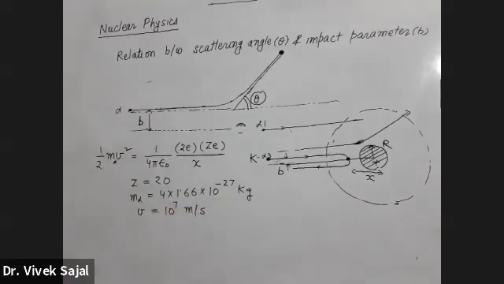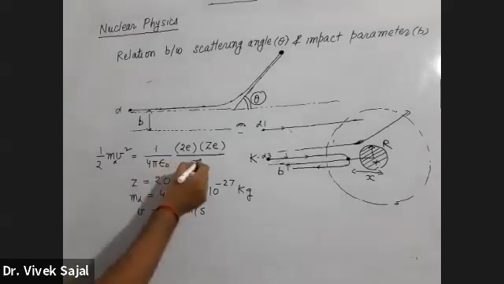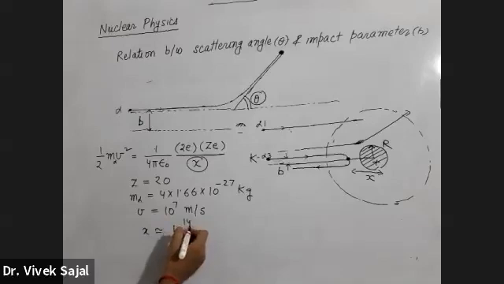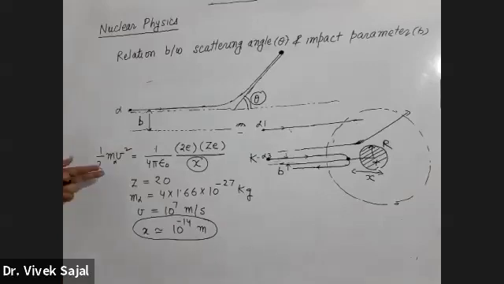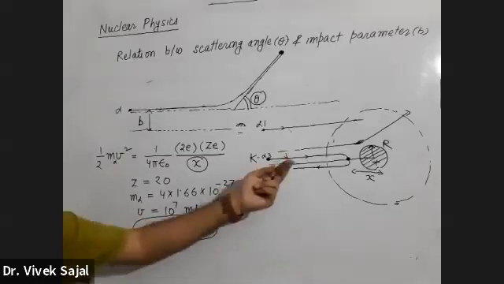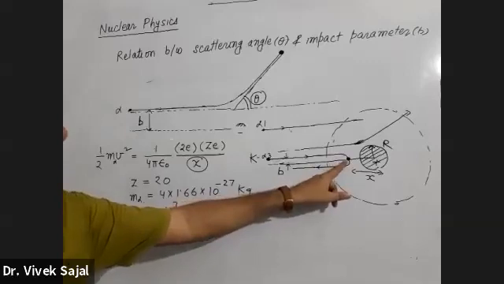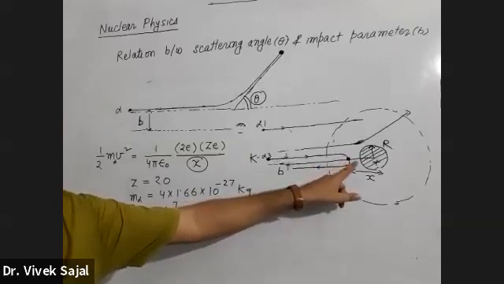If you assume all these things, then you will find out that this distance x comes out nearly of the order of 10 to the power minus 14 meter. So this is the distance of closest approach. With this kinetic energy, we cannot go beyond this, but still the distance to which this alpha particle reached is very close to the nucleus.